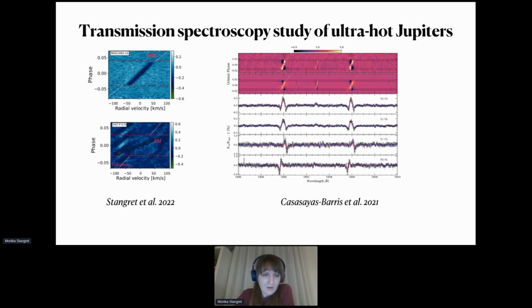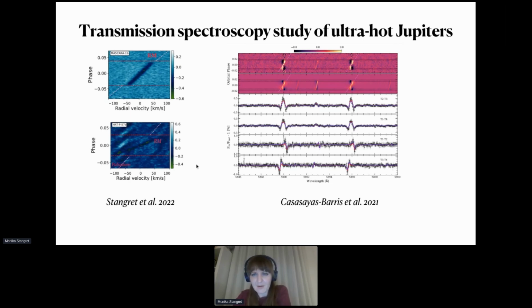But again, as I said, there are different temperatures, so at the end, different chemistry on both sides of the planet. Here is also an example of another planet, HAT-P-57, and we have a Rossiter-McLaughlin effect here, and here also we have the pulsation of the star. And somewhere here we try to look for the atmosphere, so the signal from the atmosphere of the planet. So it's also problematic.